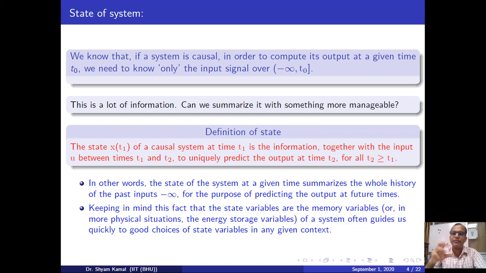If you do not define it properly, the system becomes very complicated. By proper definition, in future classes you will find that I can simplify the behavior of the system for the solution, analysis and all other things. So the non-uniqueness of a state gives us a lot of room to do research in control systems.